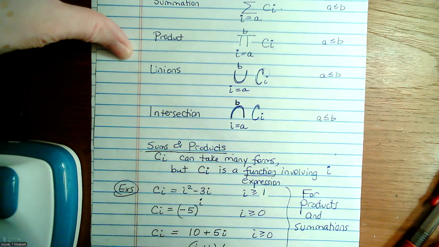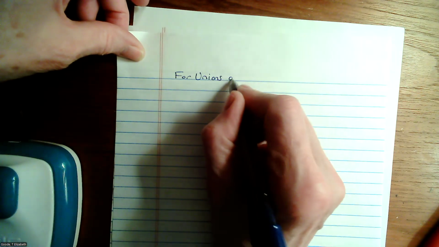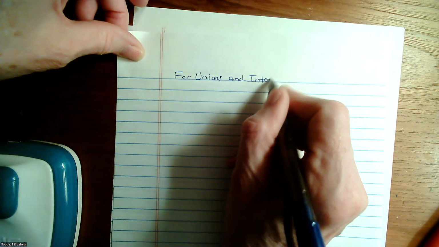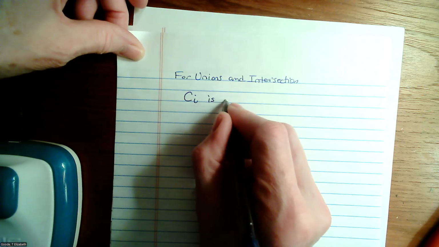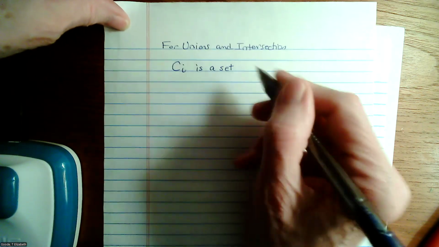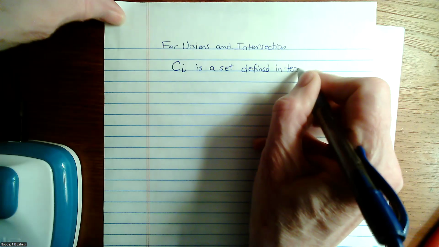For sums and products, the little c sub i can take many forms, but it's a function. When c sub i is for unions and intersections, C sub i is a set defined in terms of i.